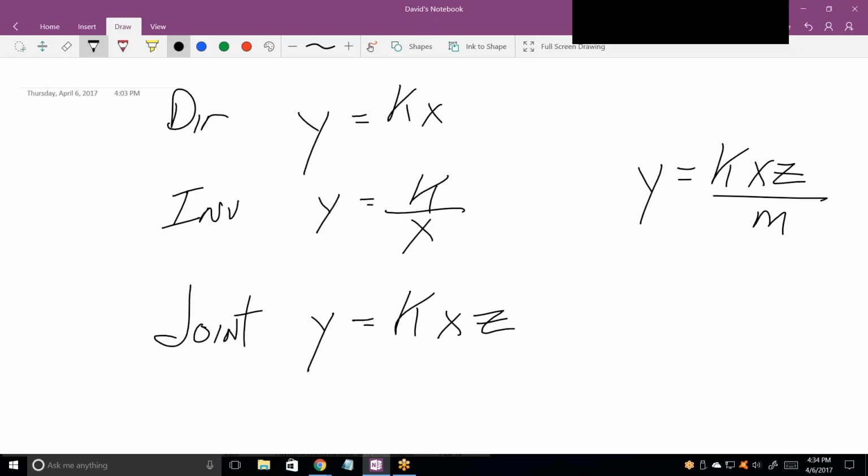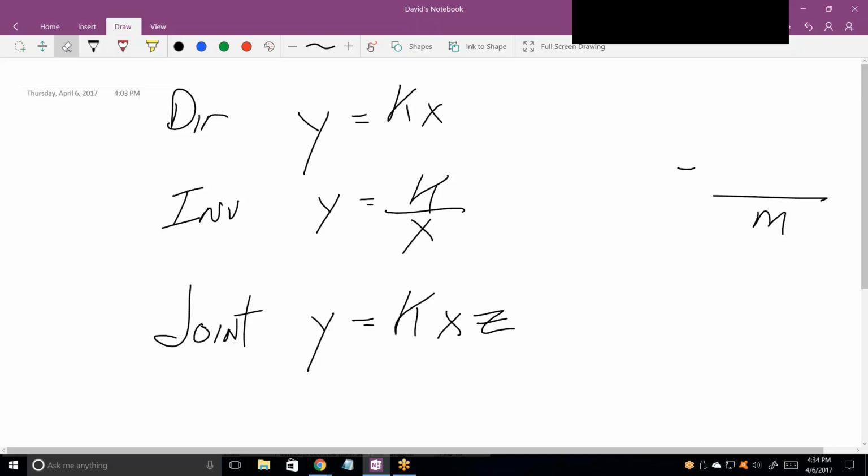So if it's divided, it's inverse. If it's multiplied, it's direct, and if it's multiplied with two different variables, it's joint. That's straightforward, and that's it. Those are the only three you're going to get.